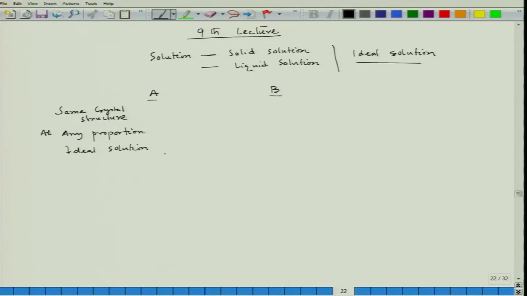Now, we say that these are the assumptions for both cases.